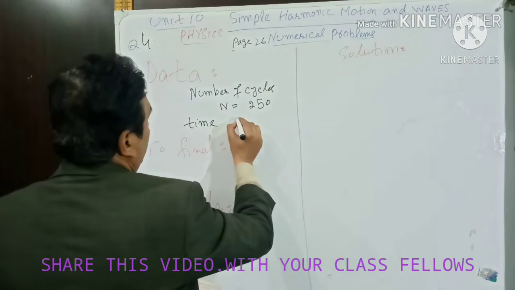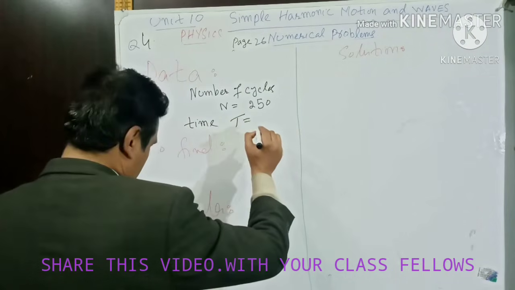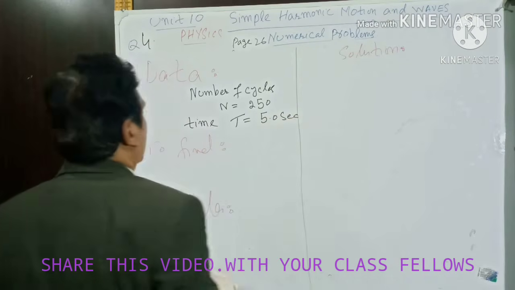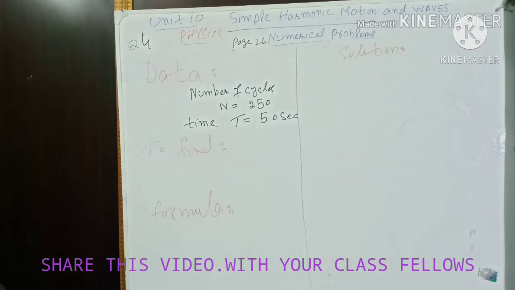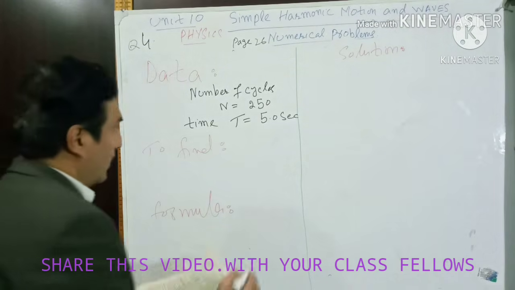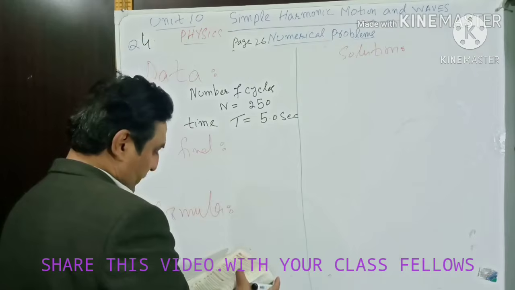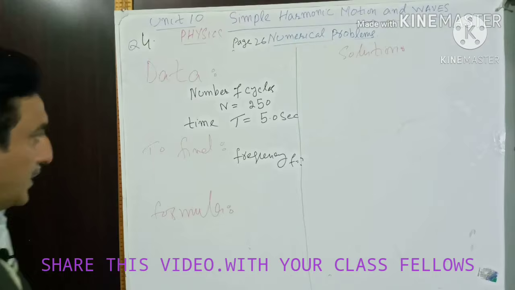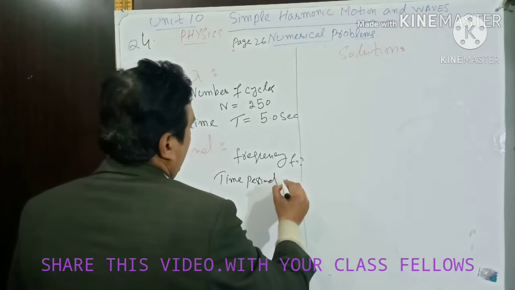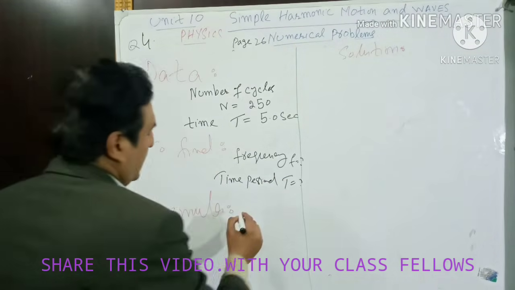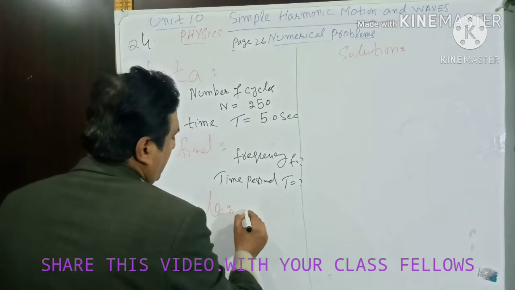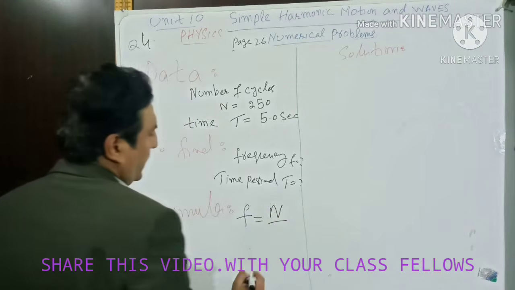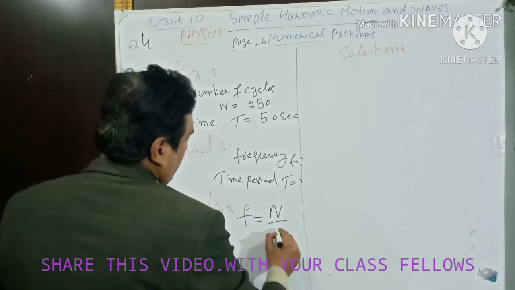Time is 5.0 second. To find frequency f and time period t. Frequency can be found by the formula f is equal to n divided by t.